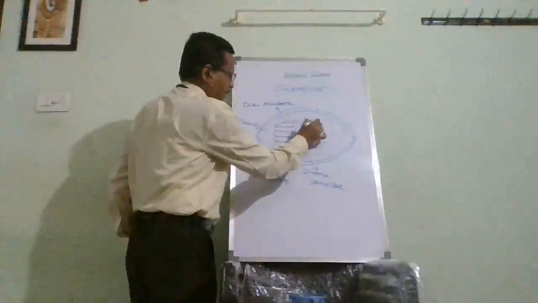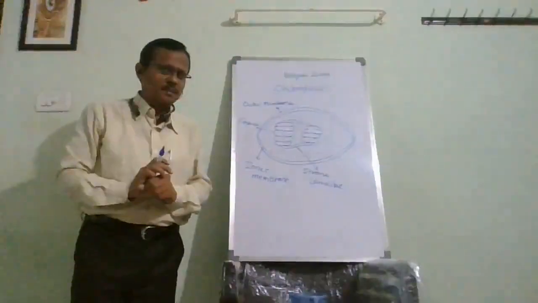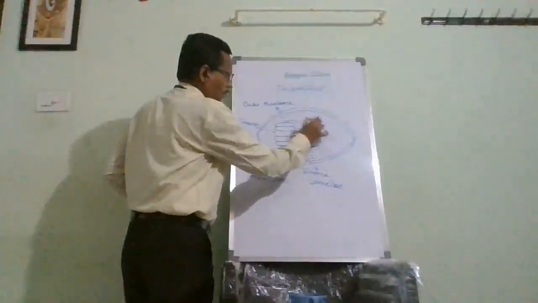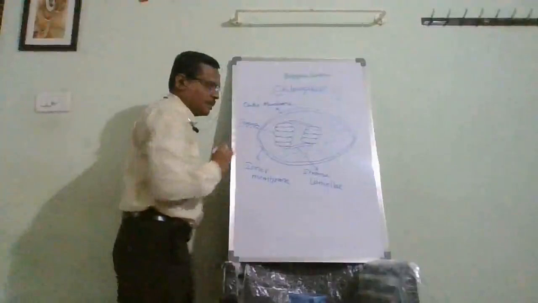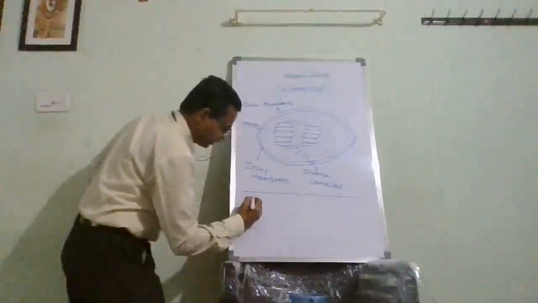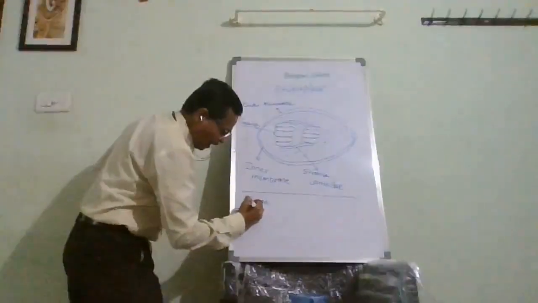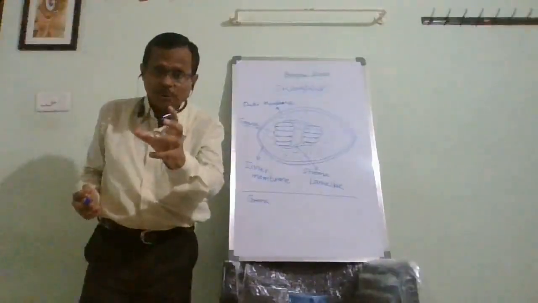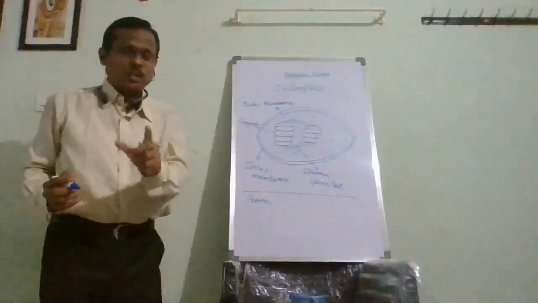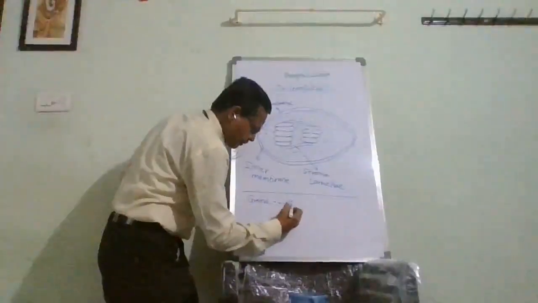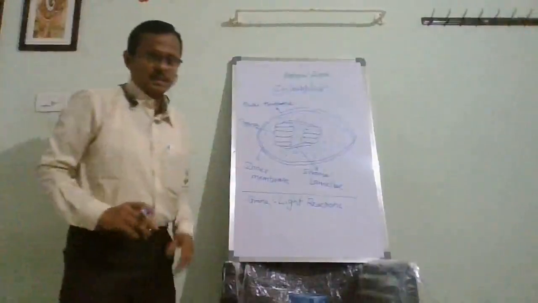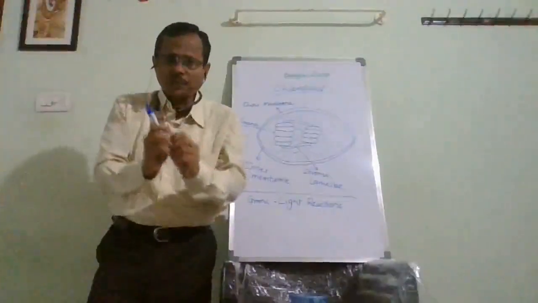And what does this grana contain? Of course, let me complete the concept of grana first, then let us move on to the stroma. Grana represents the thylakoids, as I just said. This grana initiates the process of photosynthesis through the first series of reactions called light reactions, which essentially require light.